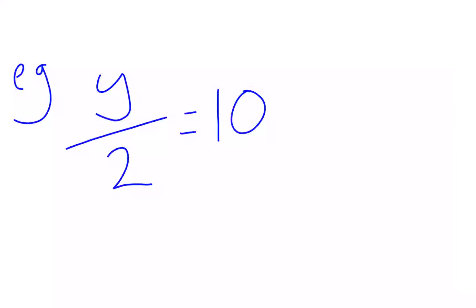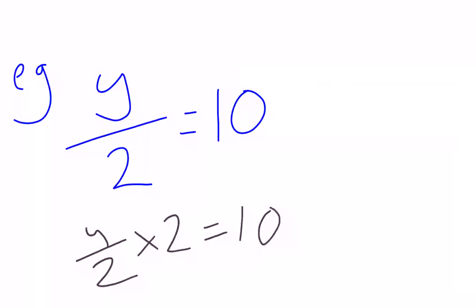And the last sort here, y divided by 2 equals 10. We want to do the opposite of dividing by 2, which is times by 2 on both sides. Y divided by 2 times 2 is 10 times 2. So I'm doing different sorts of working each time. This one's the better sort.